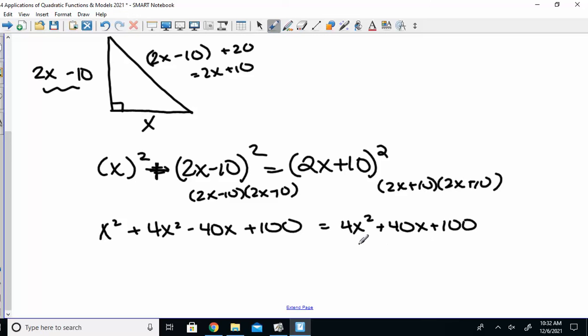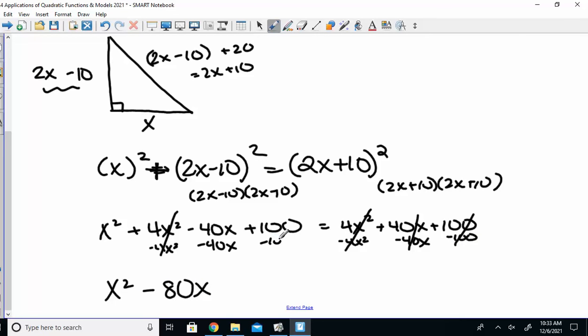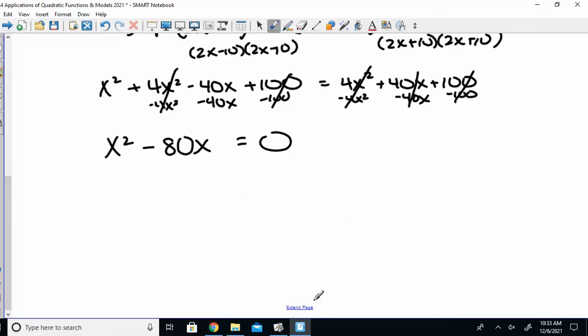What now? Cross out, yeah. We want to always set our quadratic equal to 0. If I subtract over my 4x squared, those cancel. If I subtract my 40x, negative 40x minus 40x, negative 80x, subtract my 100, so I get x squared minus 80x equals 0.